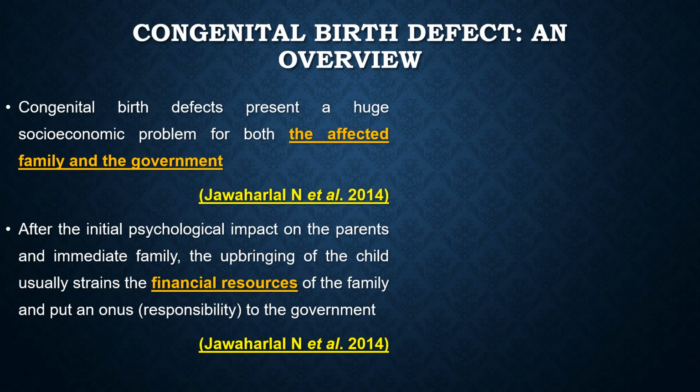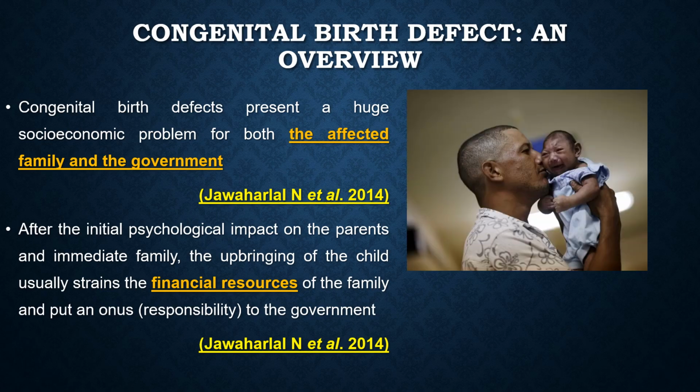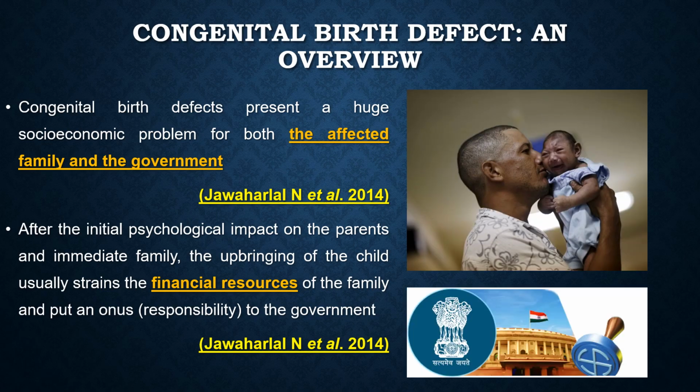Now, congenital birth defect presents a huge socio-economic problem for the affected family and for the government. Here you can see a child having microcephaly, which means small head. So the family is affected, and the government is affected through the morbidity and mortality rate.